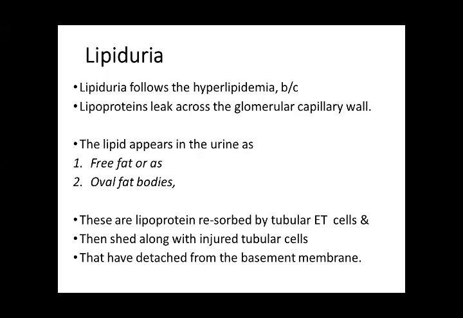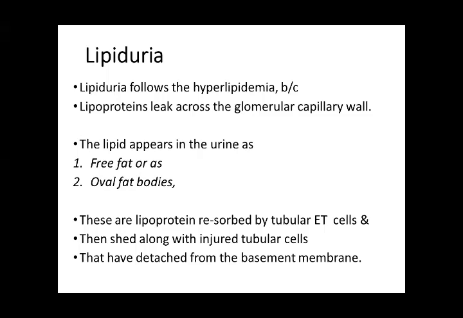So the tubular cells, if they try to prevent lipiduria, they take in the lipid, and a lot of lipid in the cells causes damage to the tubular cells. They break away from the basement membrane and fall into the urine. So did you realize what is happening?